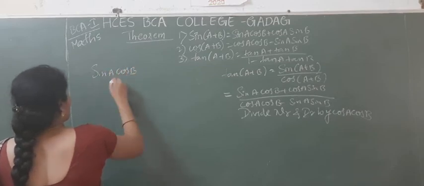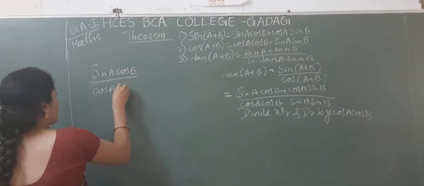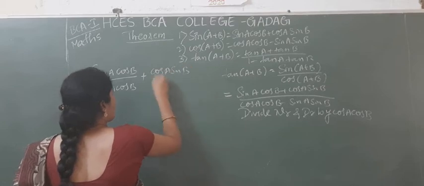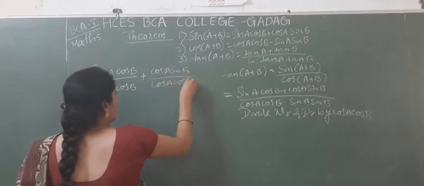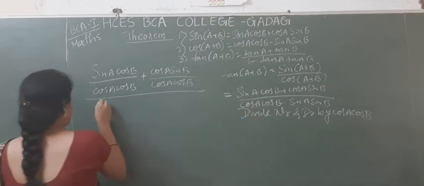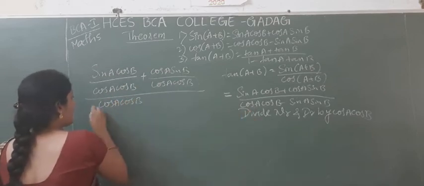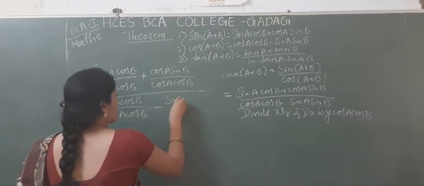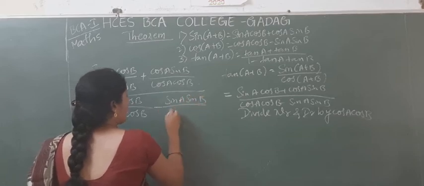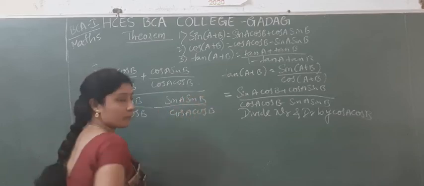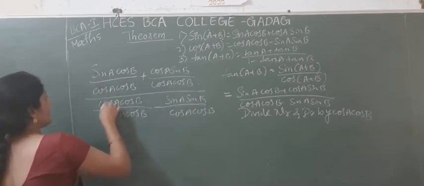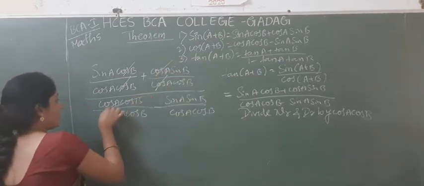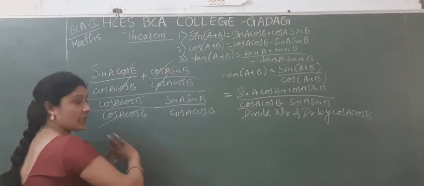Sin A cos B divided by cos A cos B plus cos A sin B divided by cos A cos B, whole divided by cos A cos B divided by cos A cos B minus sin A sin B divided by cos A cos B. Now see here, cos B gets cancelled, cos A gets cancelled, whole gets cancelled.